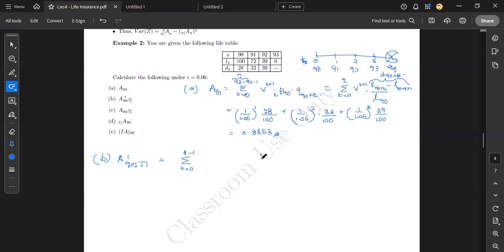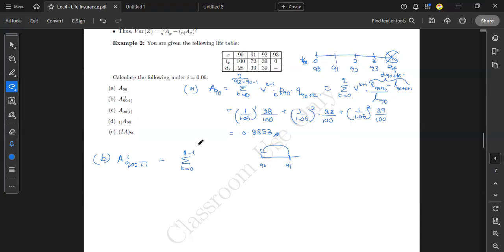If I draw this, age is 90 and the 1 year term ends at 91. If the death occurs in this year, the benefit will come from 91 back to here.